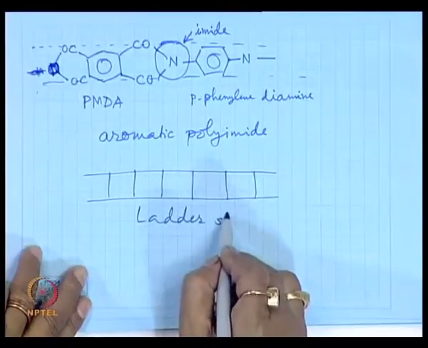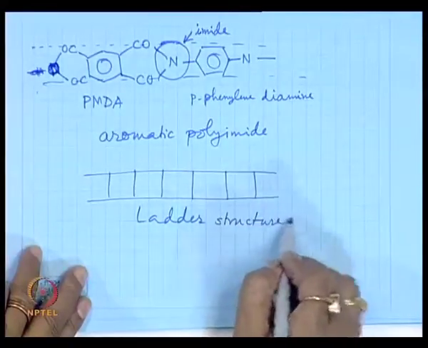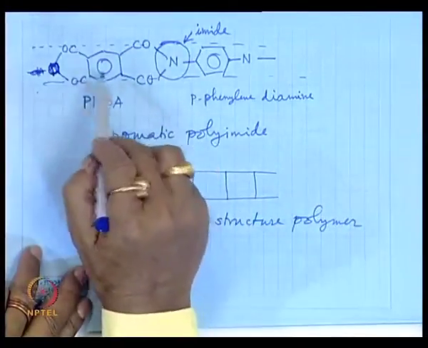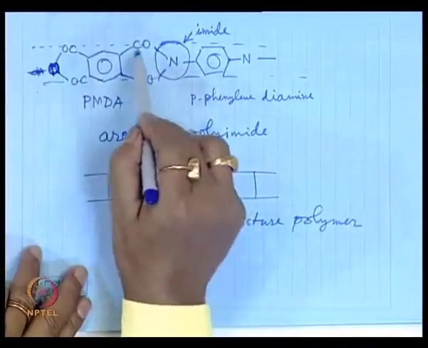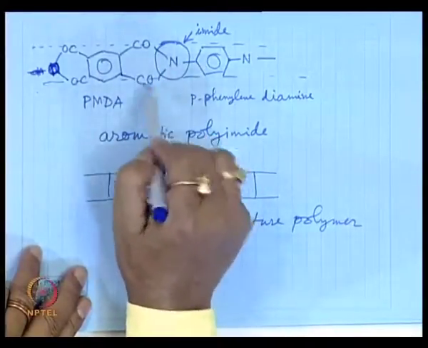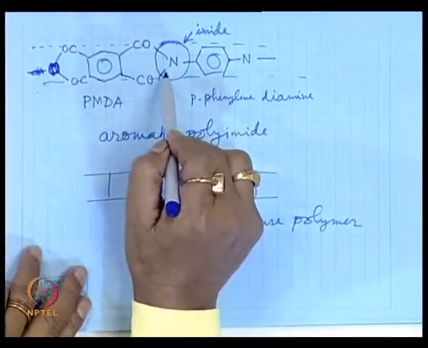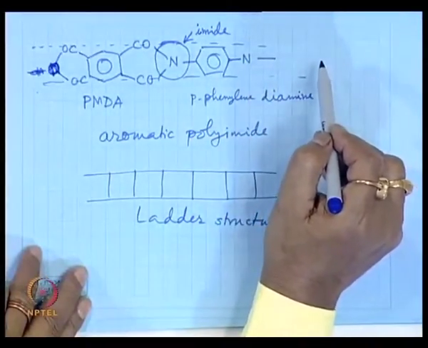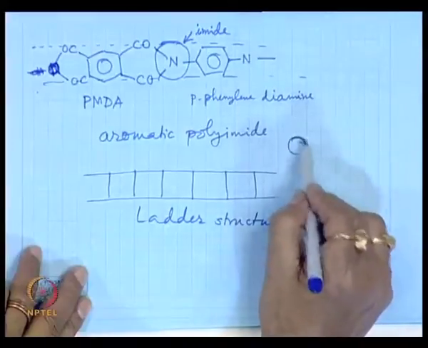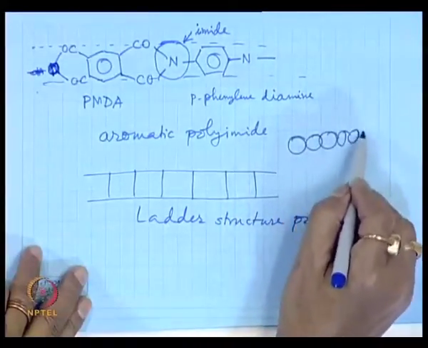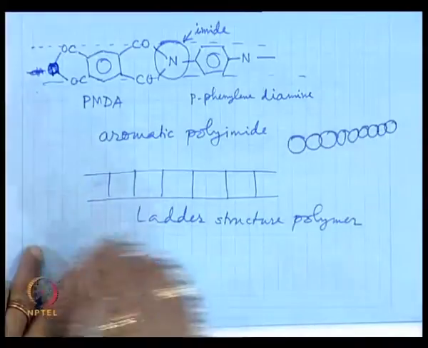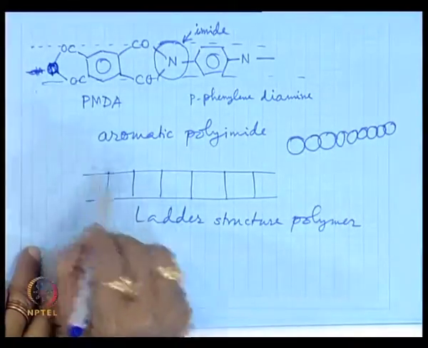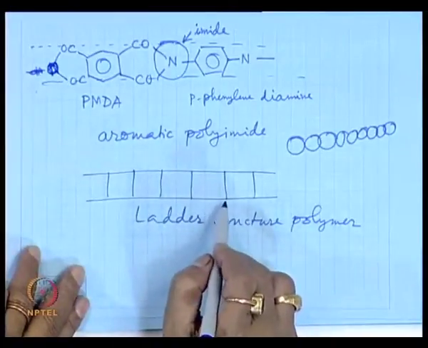Which is the linker molecule? No, linker molecule means, you see, this is a phenyl ring, this is an imide ring, phenyl ring followed by imide ring, followed by phenyl ring, followed by imide ring, followed by phenyl ring. Multi-strand polymer or double strand polymer.